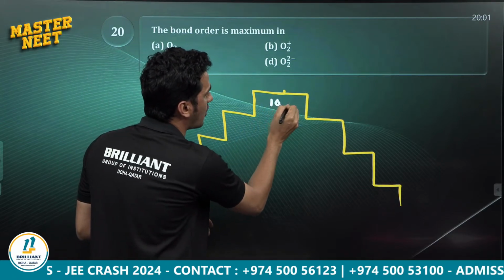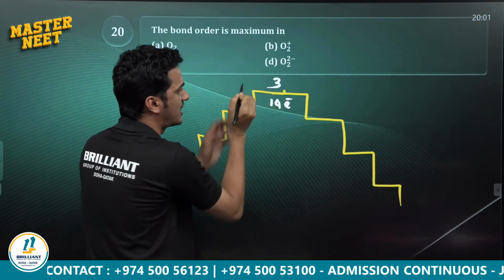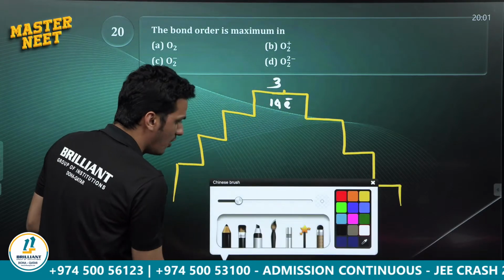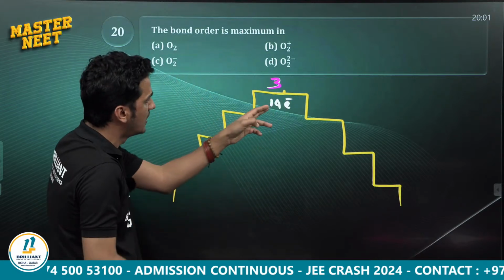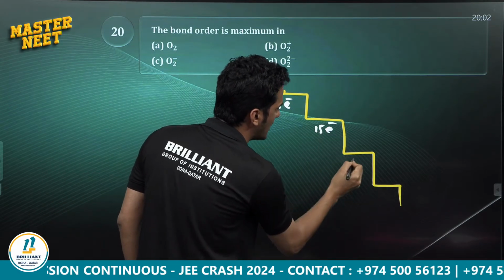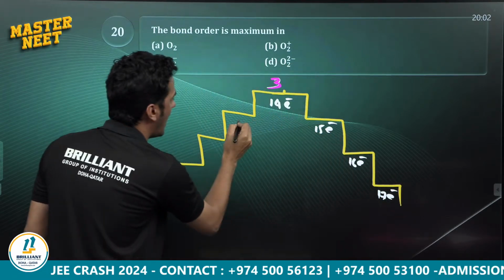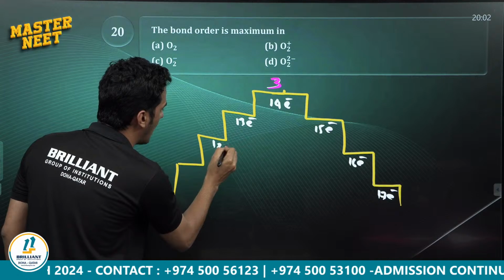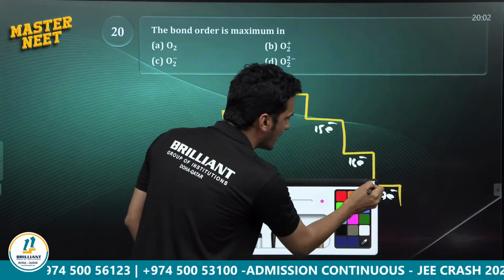If 14 electrons are there, its bond order is 3. On the top I am writing with this pink color the bond order. This is the number of electrons. And if it is 15 electrons, 16 electrons, 17 electrons, I am writing like this, and 13 electrons, 12 electrons, 10 electrons here. You must remember.